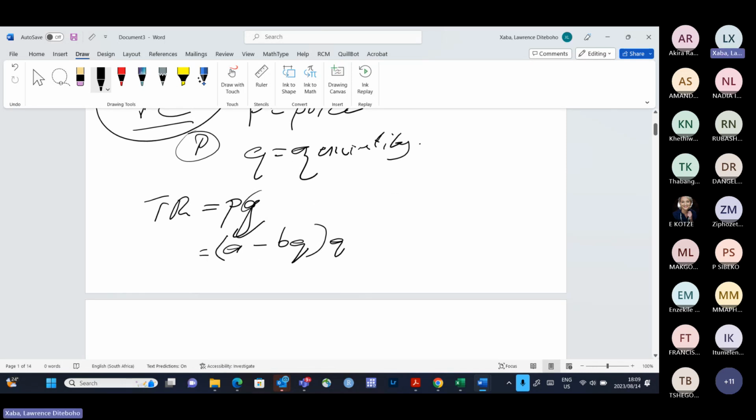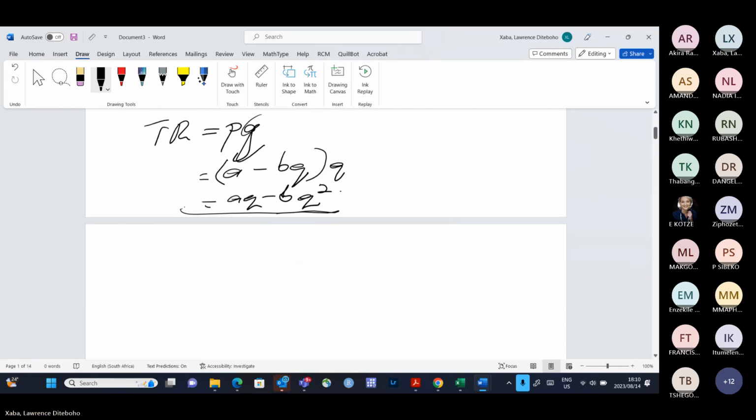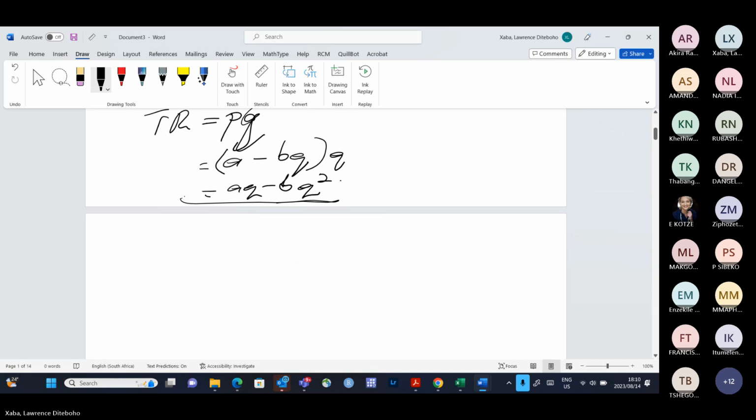So when we multiply, trying to simplify it, we end up having AQ minus B times Q squared. This is our new function, which we call the quadratic function for TR, which is total revenue.